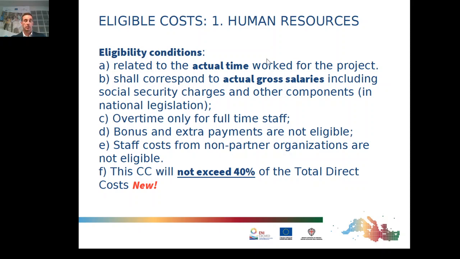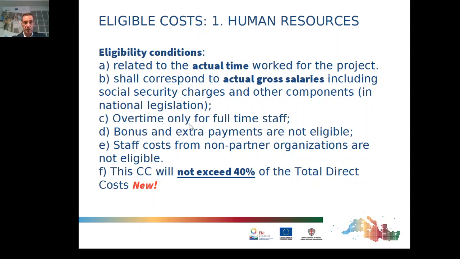Eligible costs, first category, human resources. They will be related to the actual time worked for the project by the partners and by the lead applicant. They shall correspond to actual gross salaries. We're not talking of net salaries, but gross salaries, including social security charges and other components, if any, in national legislation.